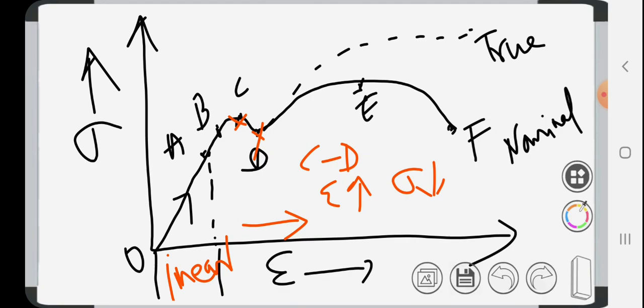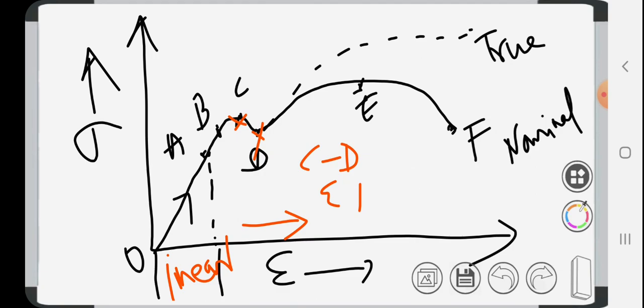This is happening due to a rearrangement of molecules within the material in that plastic range. Since the plastic range starts at C, there is some rearrangement of molecules, and up to D the sigma decreases, but after D sigma again increases with epsilon, that is, stress increases with the strain.